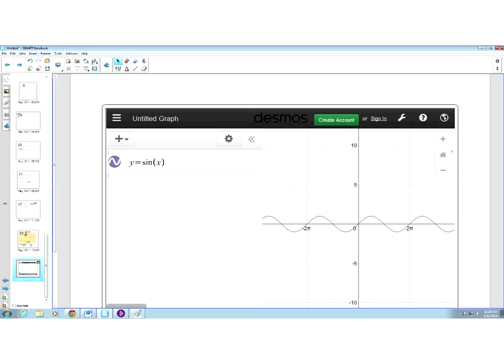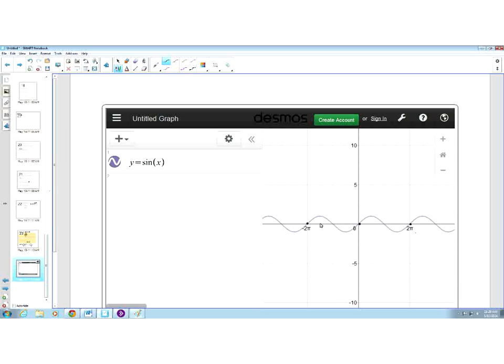So here's y equals sine x. Now, in the context of one-to-one functions, I ask you, is the sine function a one-to-one function? No, it's not, because look, at -2 pi the output is 0. At 0 the output is 0, and at 2 pi the output is 0. So we have many inputs mapping to a single output.